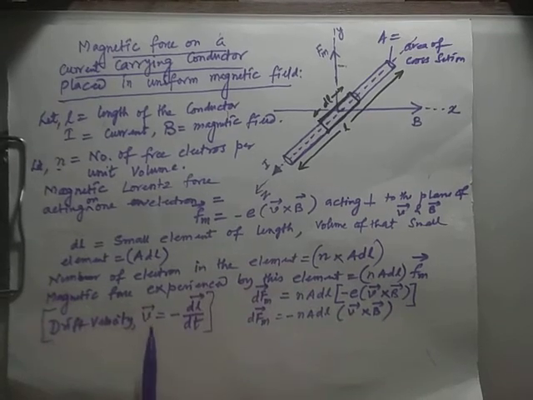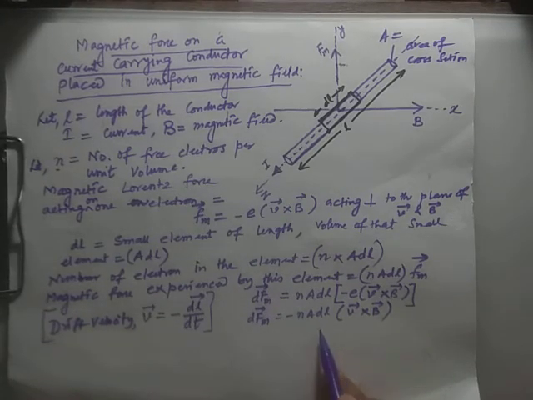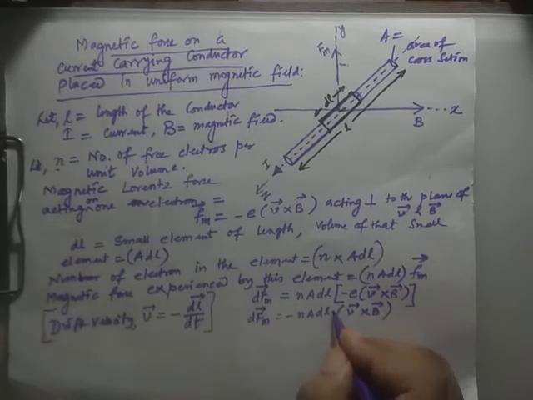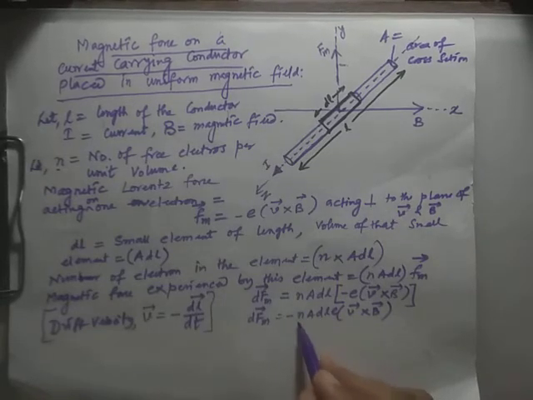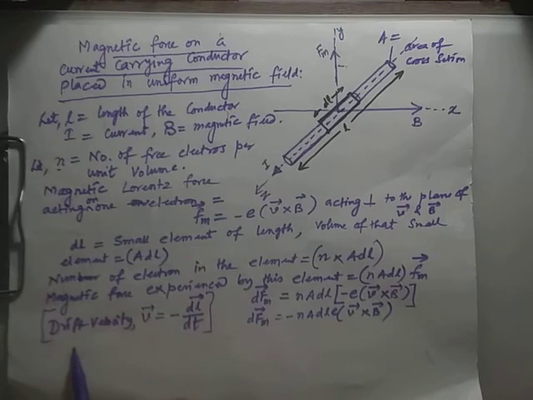And one more thing you can write here: if you take this e outside, N A dl into e will become the complete charge. This is the number of electrons into the electron charge, so N A dl into e is equal to dq. So there is a charge.